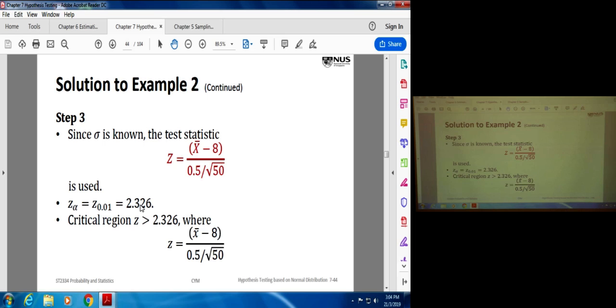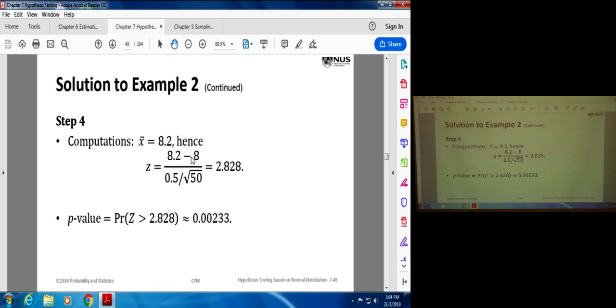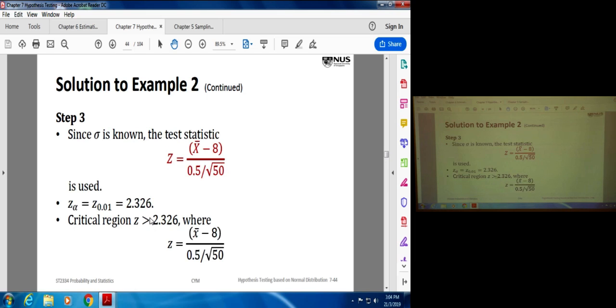So our critical region is when the realized value of the statistic exceeds this. If it exceeds this, we're going to reject our null. Okay, so we now know that the mean x bar was 8.2, so we get a value of 8.2 minus 8 over 0.5 over the square root of 50, which is 2.828. Okay, so if we're using this technique, we lie in this critical region, so we reject.